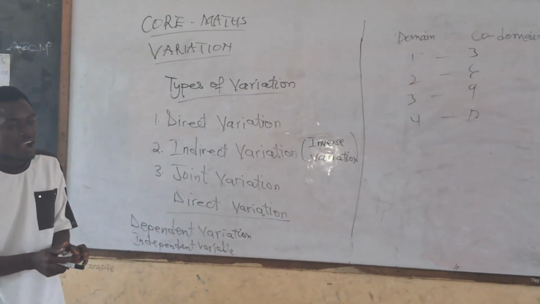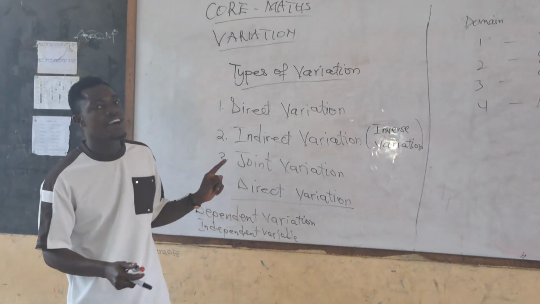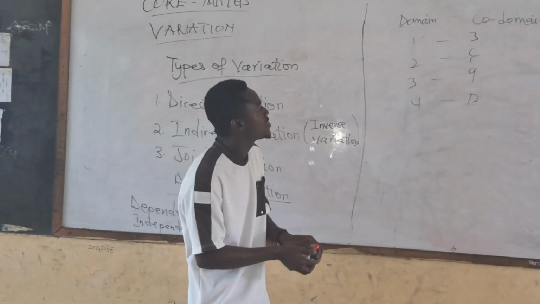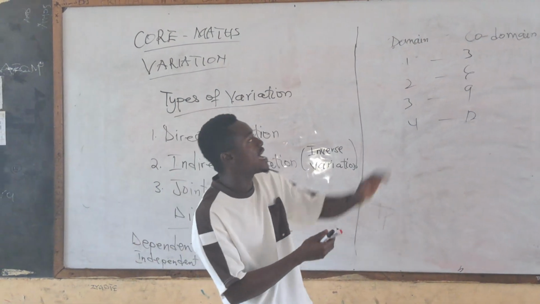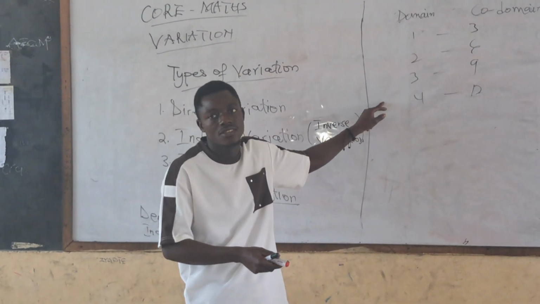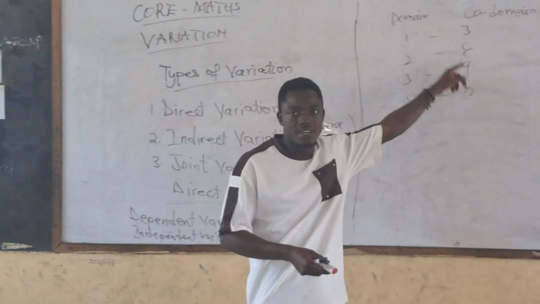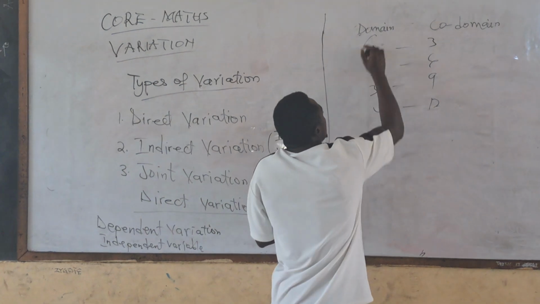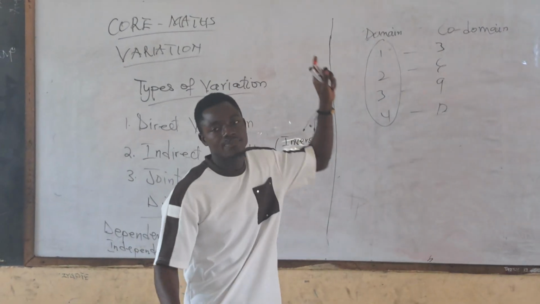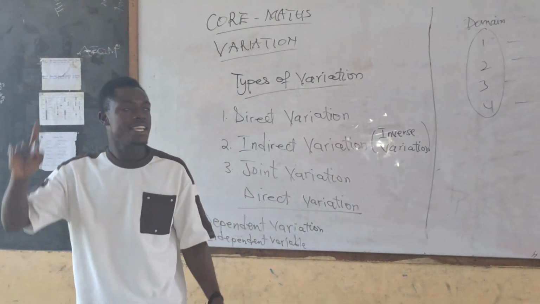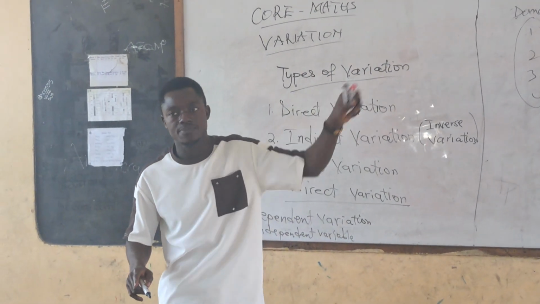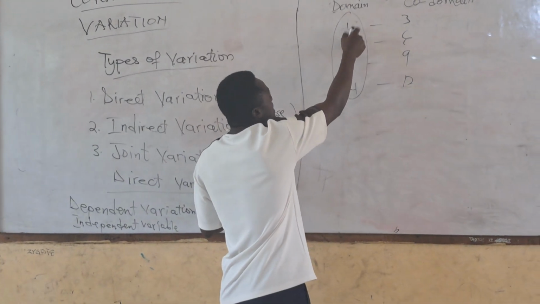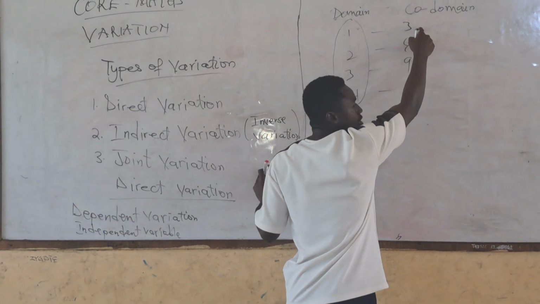According to the definition, one variable is dependent and the other variable is a constant multiple of the other variable. The definition is telling you that when you take the first variable and multiply by a certain value, it will give you the corresponding value. So if I multiply this one by a certain number, I get its corresponding value.